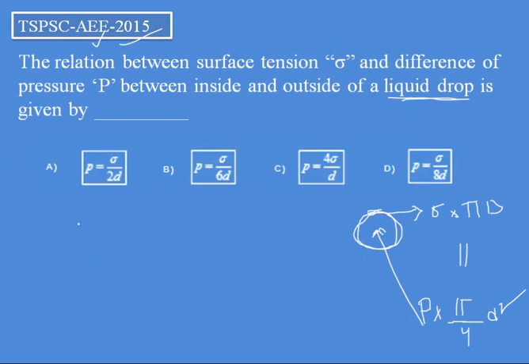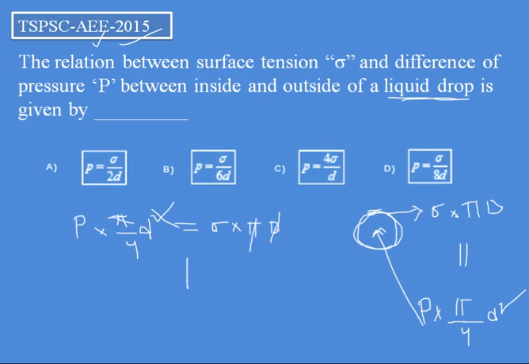What you're going to do is P into pi by 4 d square equals surface tension into pi d. So now you can simply cancel the d square, pi and pi.